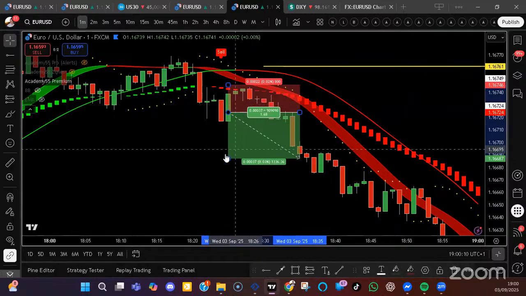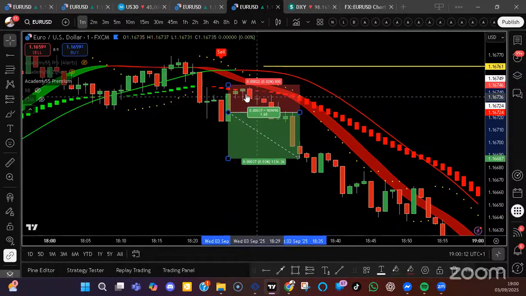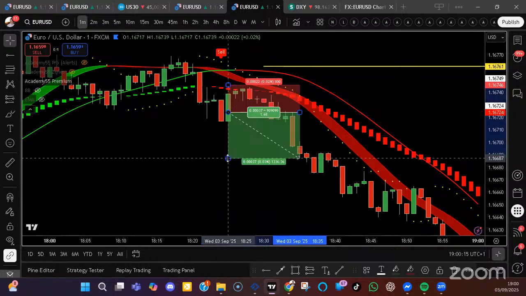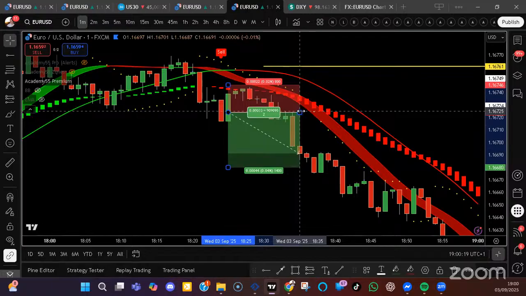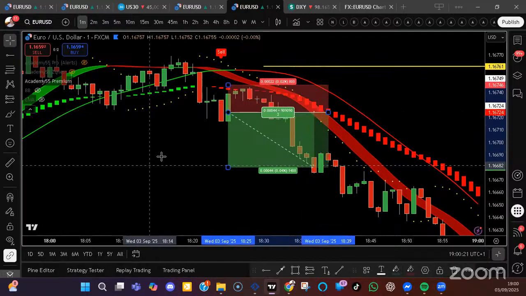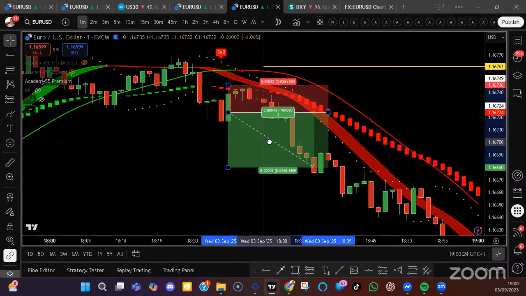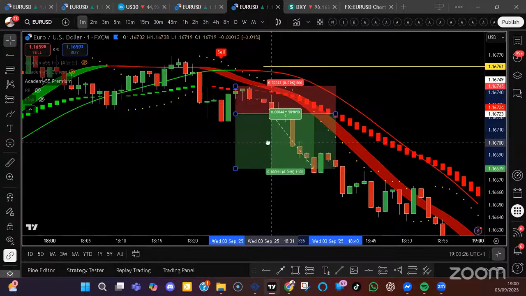Now that's actually debatable whether you would have got taken out of that trade or not. I don't know because I wasn't here. But as you can see, we would have got into it there.